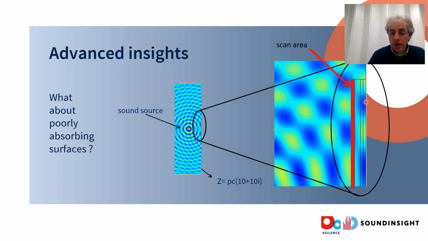So apparently we're not able to scan inside the surface, so inside the absorber. We should always measure a few centimeters in front of the absorber. So we measured the absorption coefficient if we would scan at different locations or different distances from the absorber.